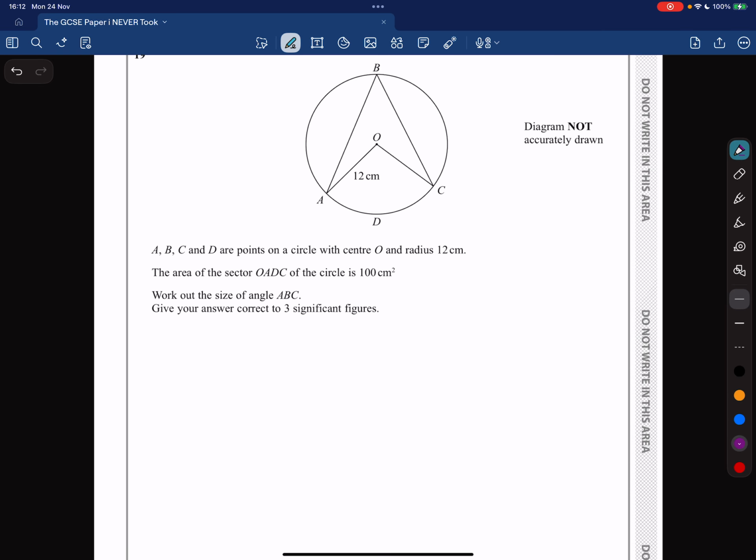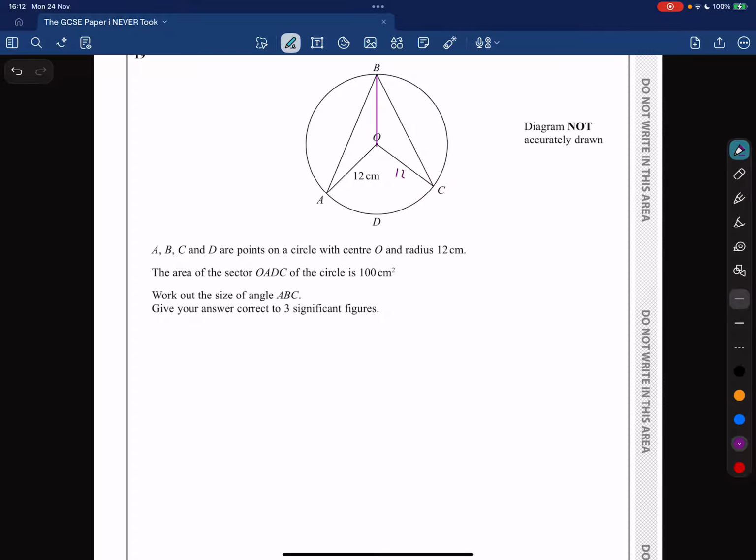Work out the size of the angle ABC. Okay, that doesn't sound completely horrific, because this length here is also a radius, so that's 12. Okay, we can do this, pretty sure. Well, because this is 12 as well.